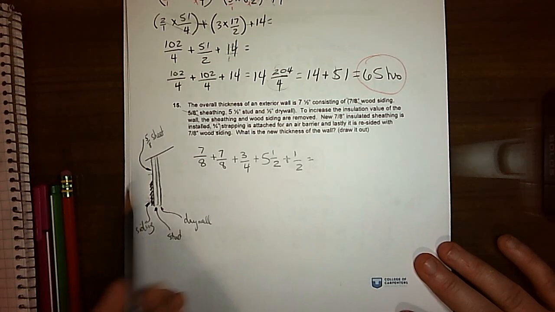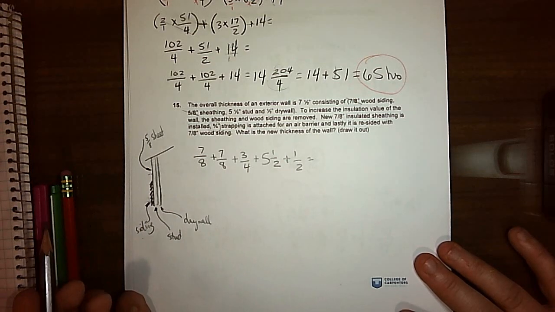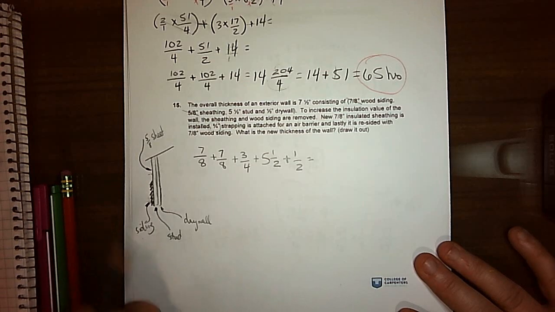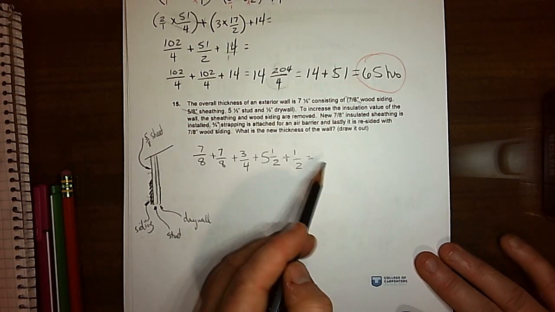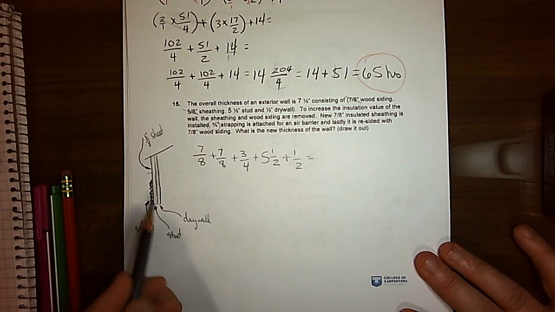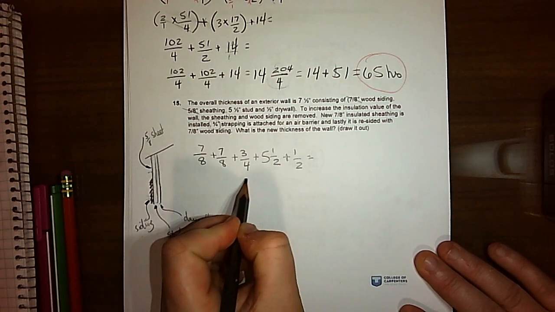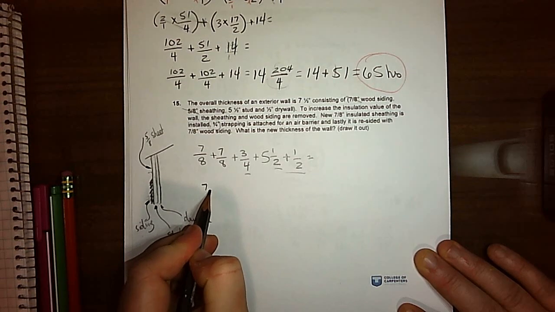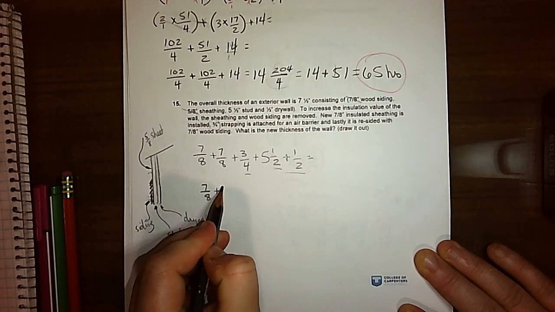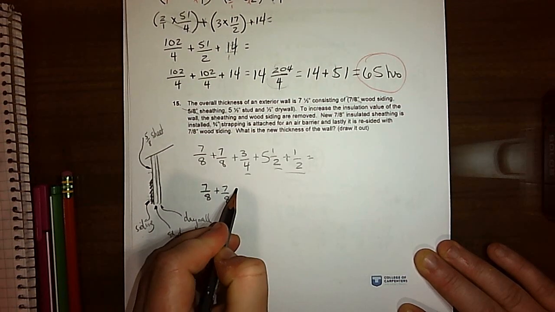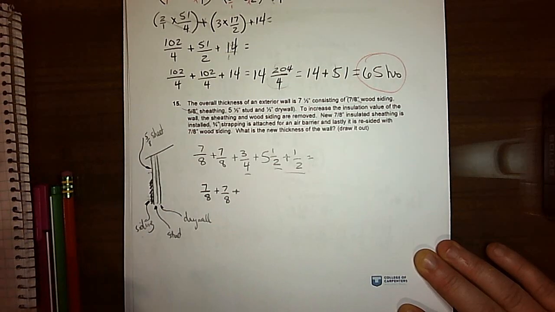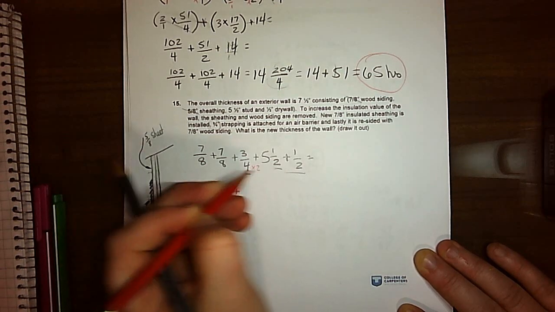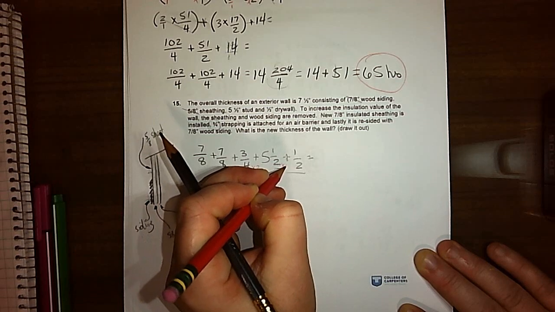So now essentially I need to find out what the new thickness of the wall is. Again, we have to put these all into apples, so this one and this one we have to change. 7/8 plus 7/8, we're going to times that one by 2 and these ones by 4.